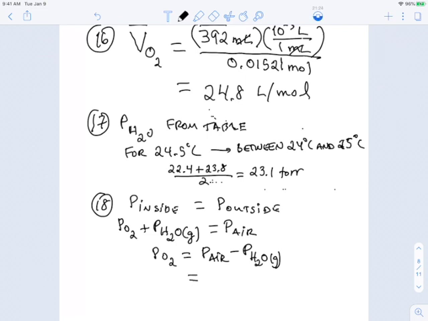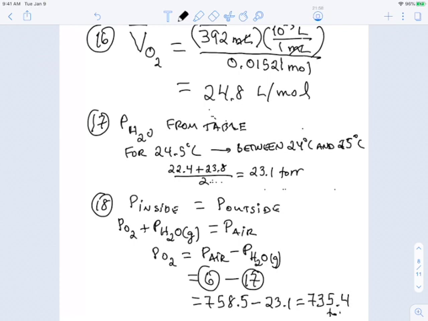In our case, the pressure of the air was item number 6, and the pressure of water we just calculated was item number 17. So that is 758.5 minus 23.1, and that comes to be 735.4 torr.